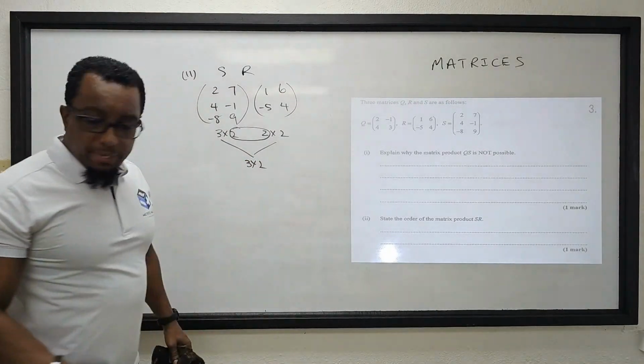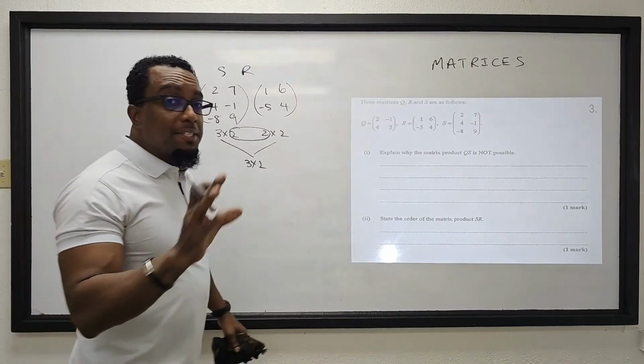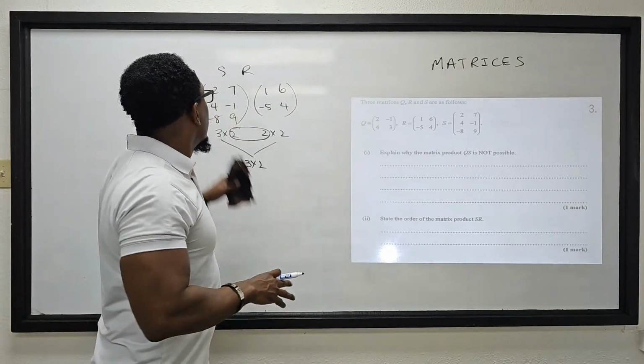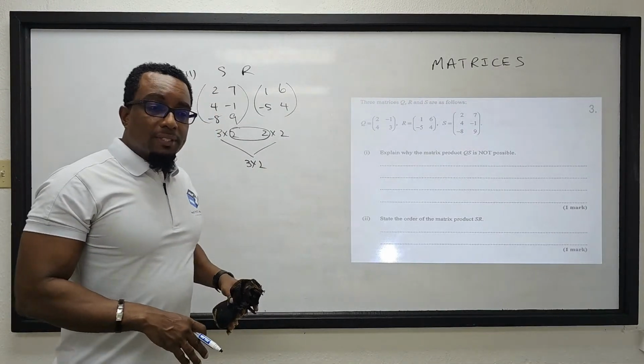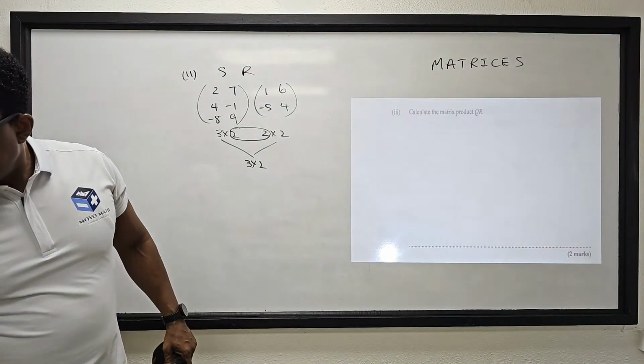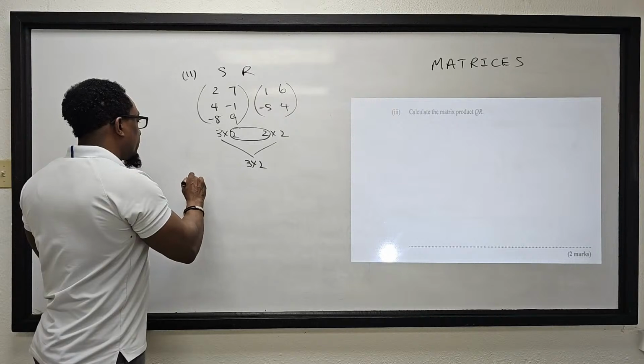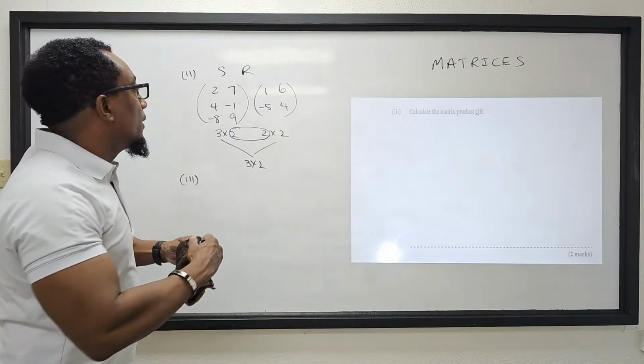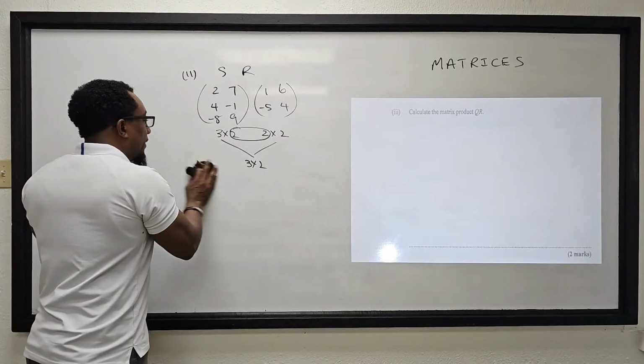Okay? Part 3, so if we have to multiply, then you'll get some practice multiplying a 3 by 2 by a 2 by 2 matrix. Let's look at part 3. They want us to now calculate the matrix product QR. So I'll erase here.